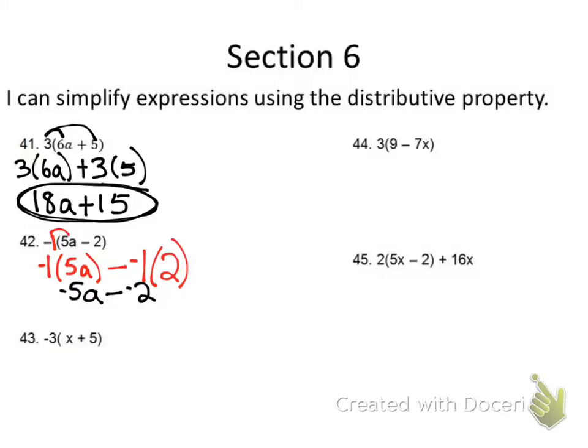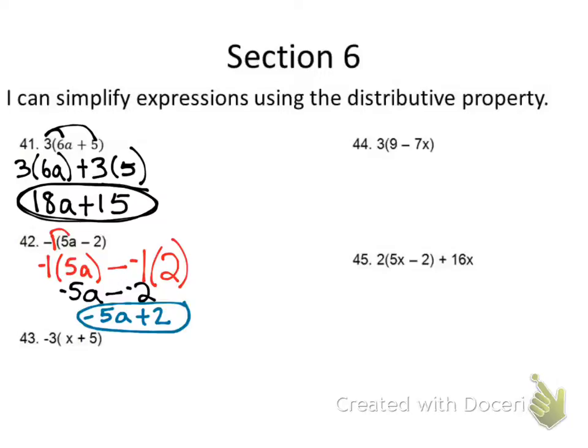And what's a minus negative? Plus a positive. So this is negative 5a plus 2. This is one where if you don't write it out, you will very, very quickly mess your signs up. And I will be right there with the wrong multiple choice options to fool you, okay? Write it out.